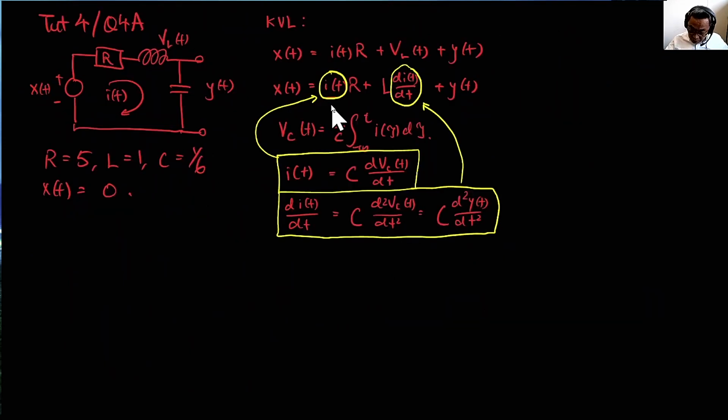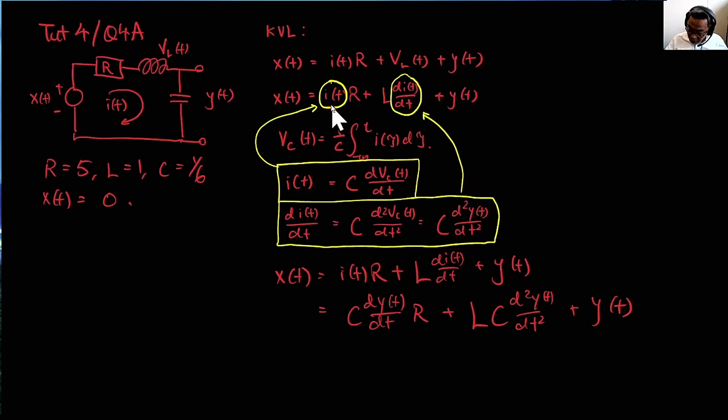Let us now substitute. What we did was simply substitute what is over here with dy(t)/dt, and we also substitute this as di(t)/dt. So this is the equation of x(t).